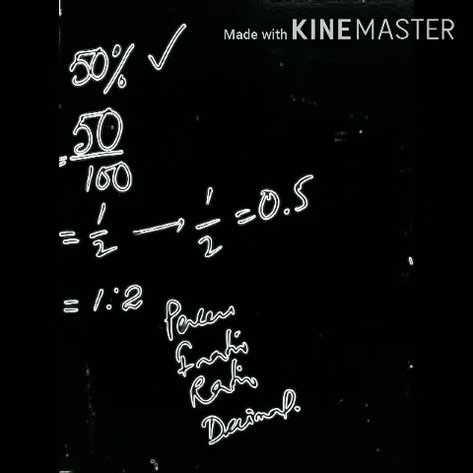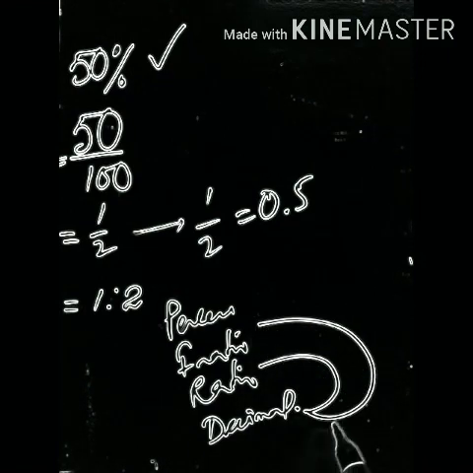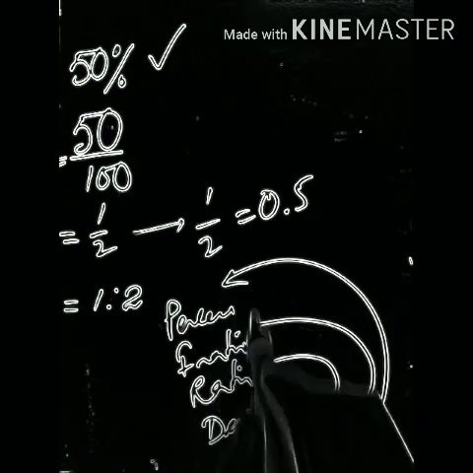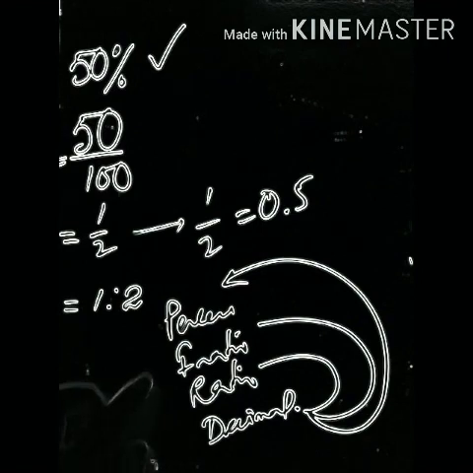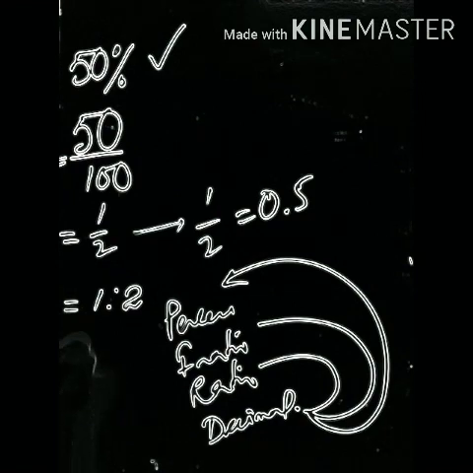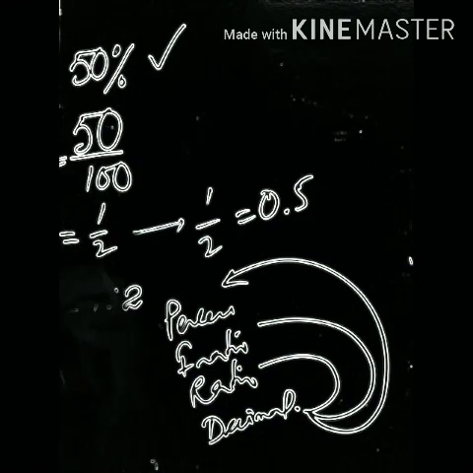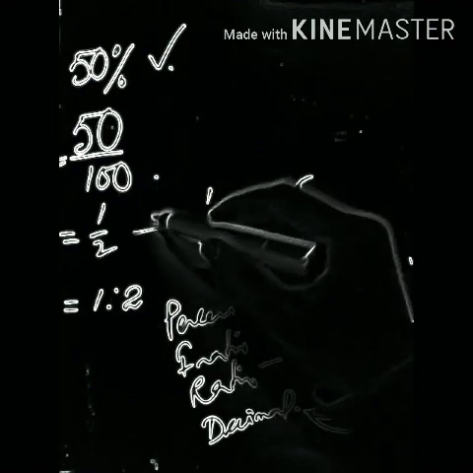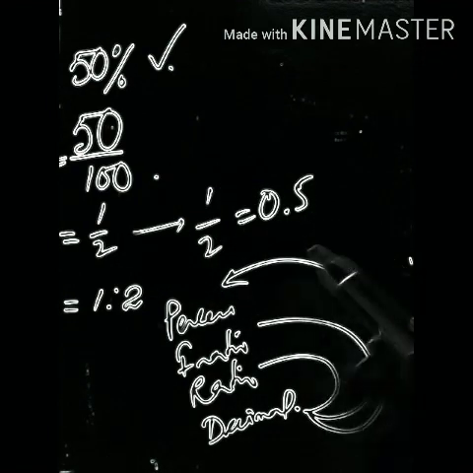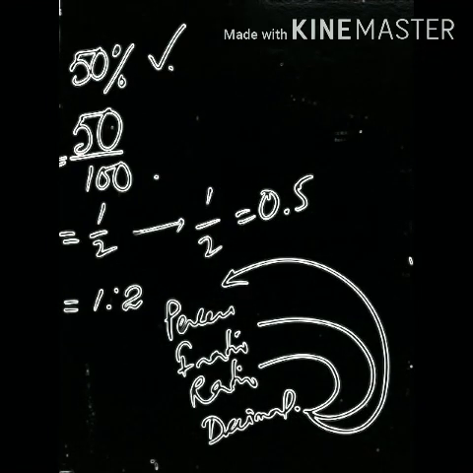Decimal can be changed into ratio, decimal can be changed into fraction, decimal can be changed into percentage. Similarly, any one of the forms can be changed into the remaining forms. So we have done percentage to fraction, fraction to decimal, then decimal to ratio. These all can be changed from one form to another.